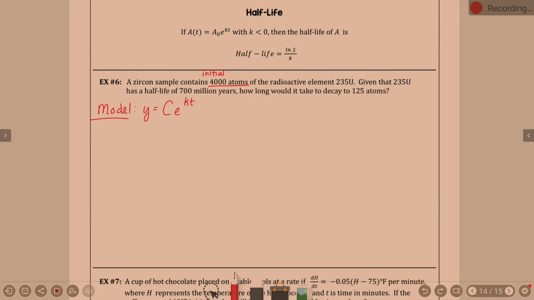But if we're just using the basic exponential growth and decay model, and I give an initial value of 4,000, that means that's going to be my C value. Again, if we start adding and subtracting other numbers, you might have to adjust that, but you can think that. We don't even have to do any work to find that. Now, what information do I know? Because I'm going to have some kind of ordered pair here.